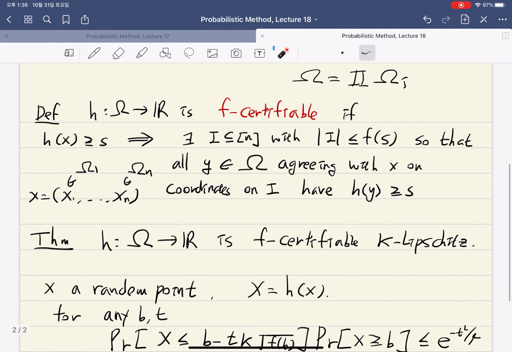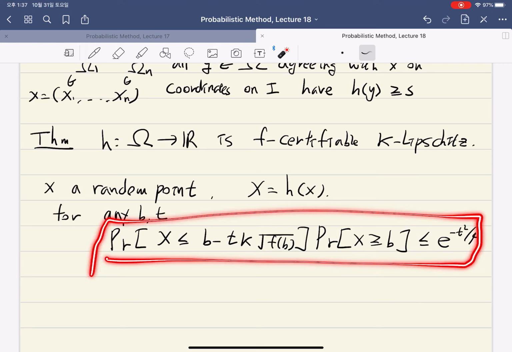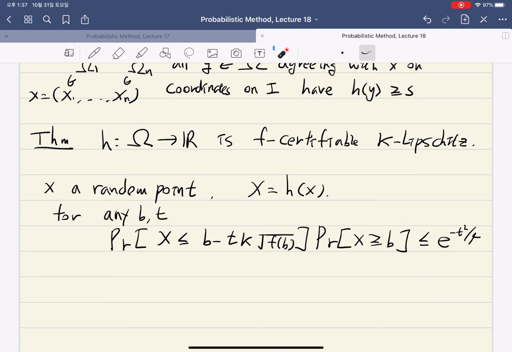In this setup, if we choose a point in omega at random with respect to this product measure, then we have this inequality. For any b and t, the probability that h is smaller than this and the probability that h is bigger than this are small.